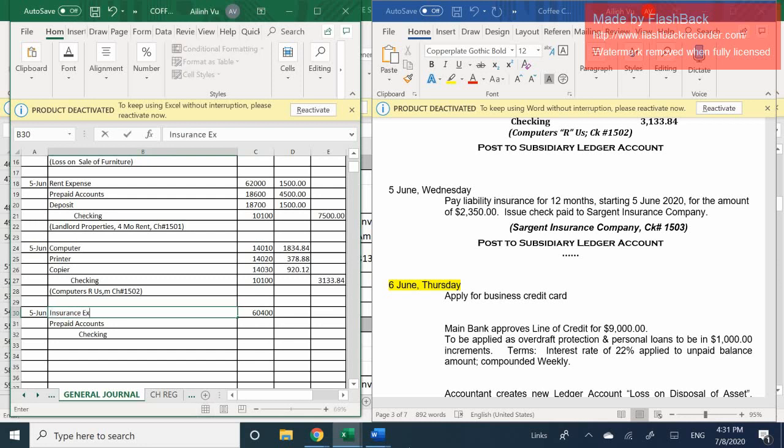So we know from looking at our chart of accounts we have insurance expense. Okay, and for this one I'll go ahead and give it to you. It is prepaid accounts, and then obviously we're going to write a check. All right. So prepaid accounts is, I believe, 18,600, and my checking account is 10,100.